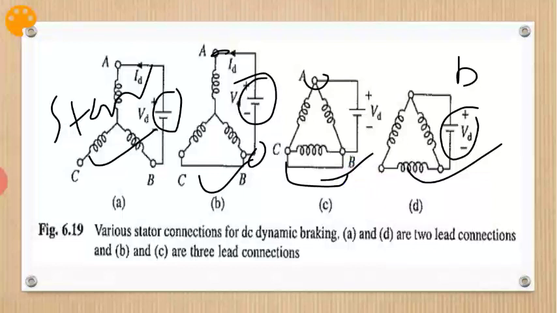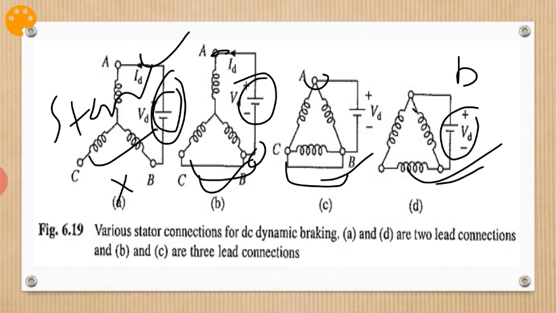So this is called a 3-lead connection, whereas in this one there is no shorting, only between A and B the DC supply is connected, and no shorting between C and B. Here also in between it is connected to the DC source.